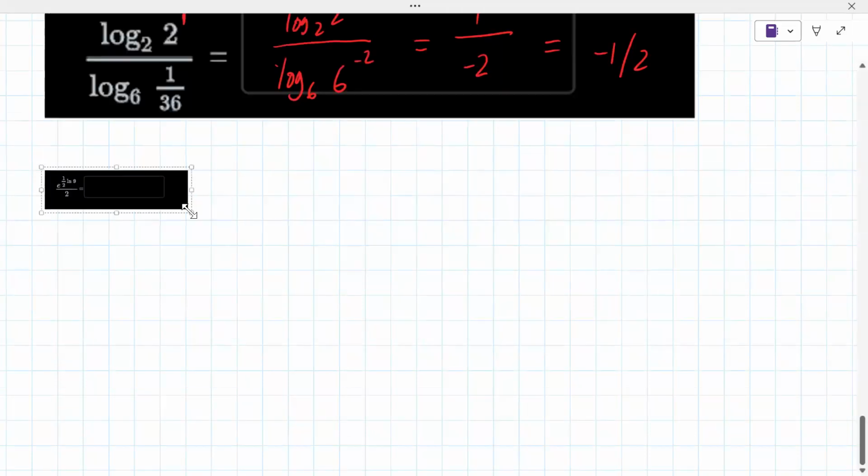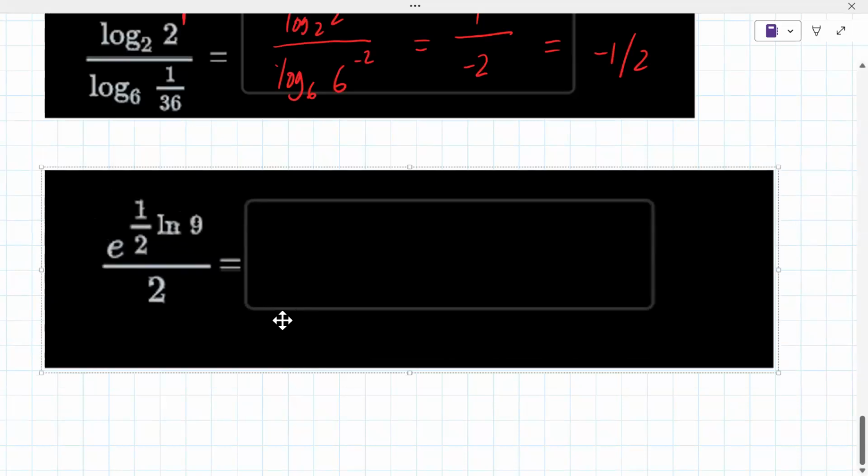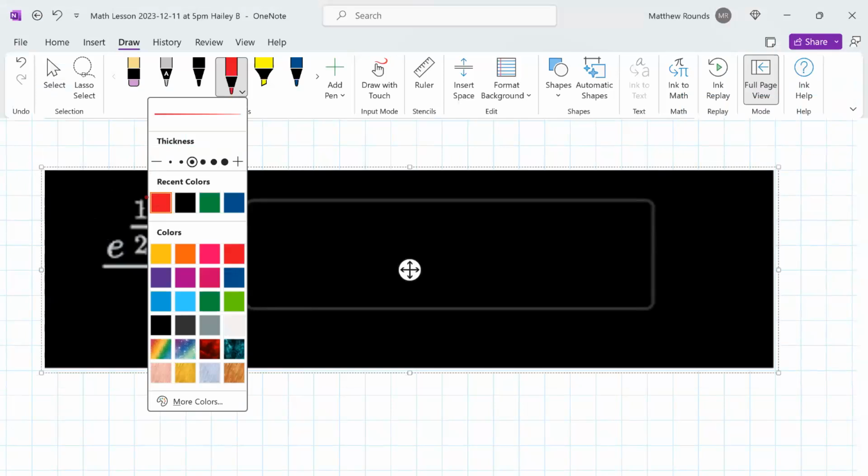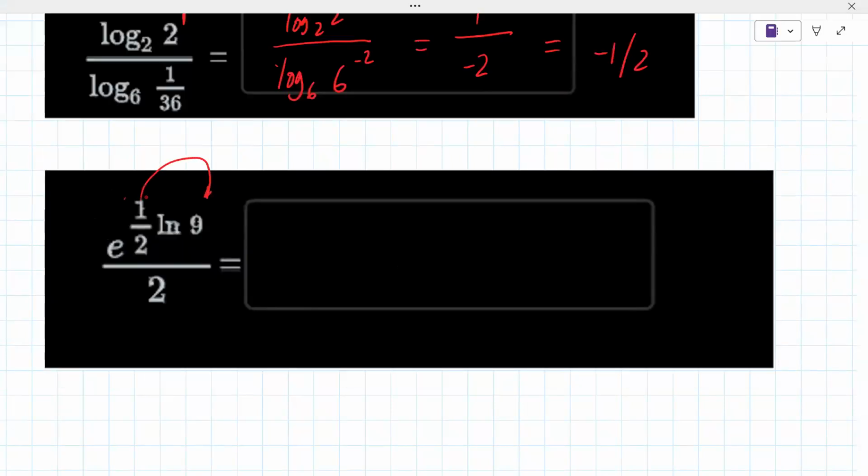Last one here in the grouping. The 1/2 here can come to the exponent of 9. So this is really e to the natural log of 9 to the 1/2 power, which is really the square root of 9, which is really 3.